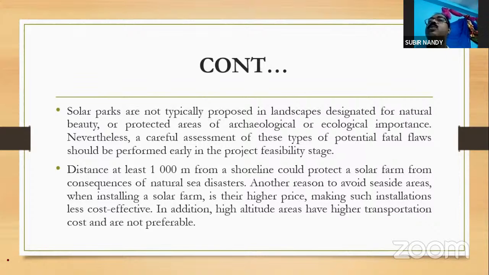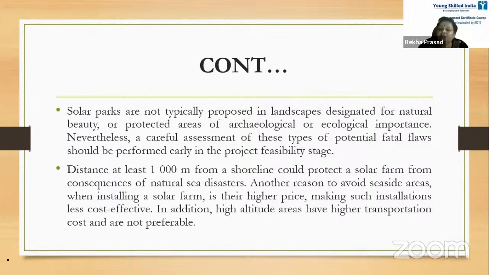Another reason to avoid seaside areas when installing a solar farm is their higher price, making such installations less cost effective. In addition, high altitude areas have higher transportation cost and are not preferable.